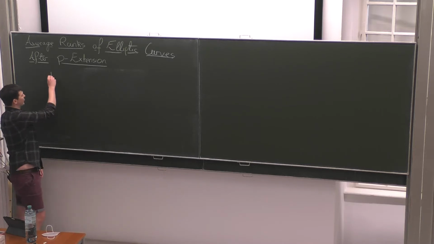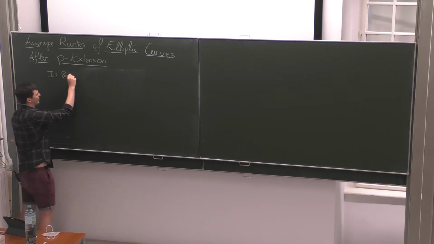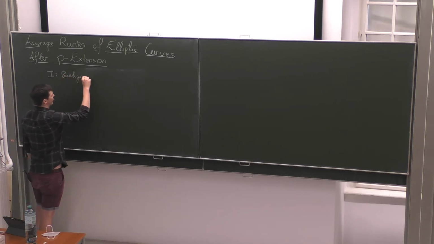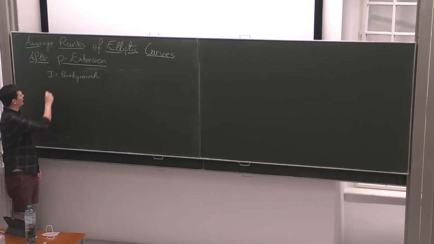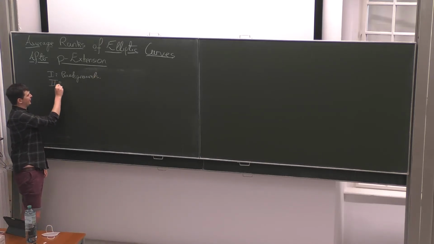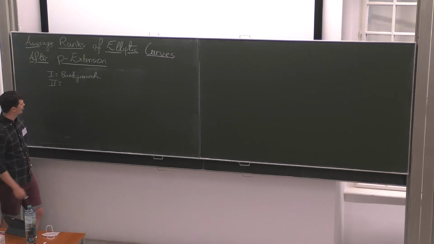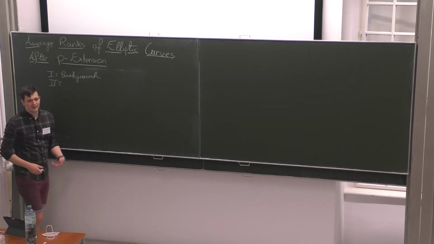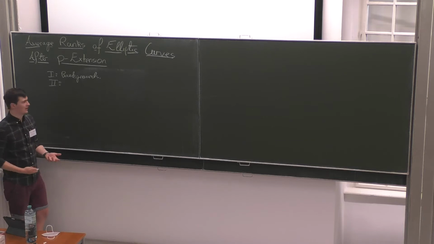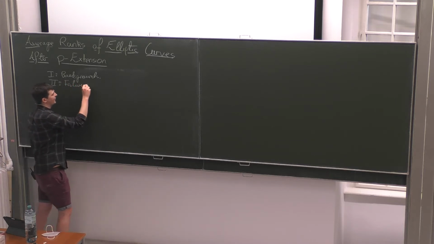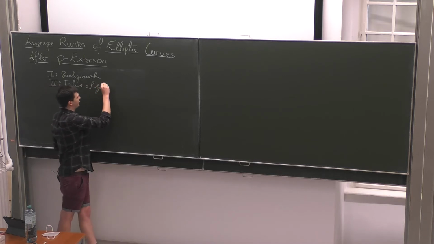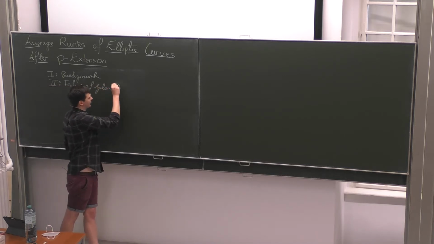This talk sort of breaks into three parts. First I'll give the necessary background so that we can actually see what the problems are that I'm going to talk about. And then the second section, by far the largest, I'm going to talk about the main tool that I use to get a hold of average ranks, which is studying the failure of Galois descent, in this case for p-Selmer groups of elliptic curves.